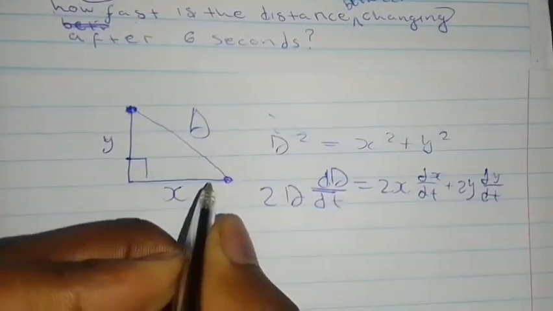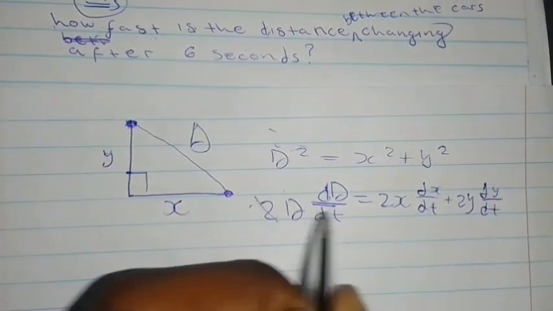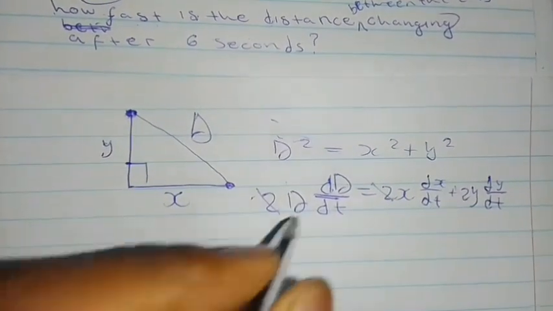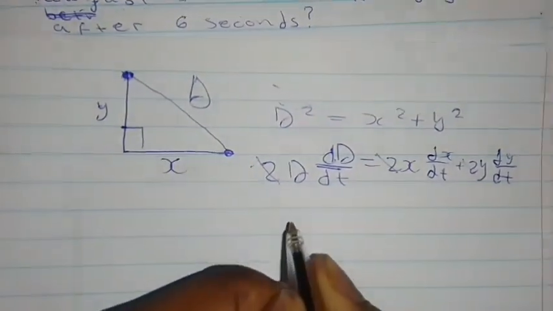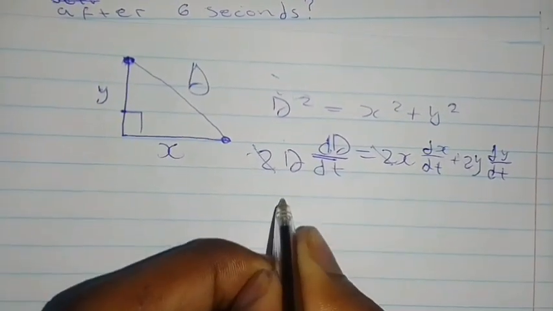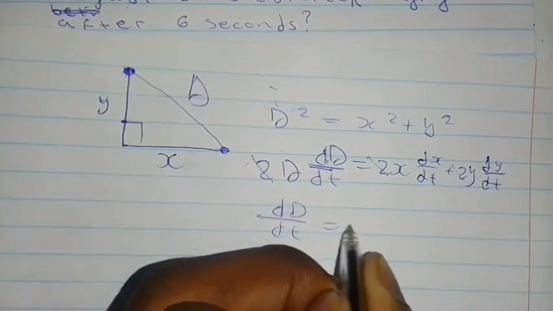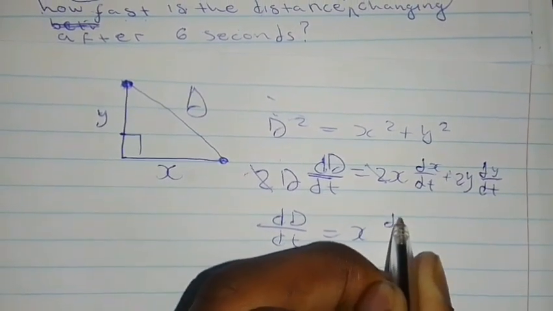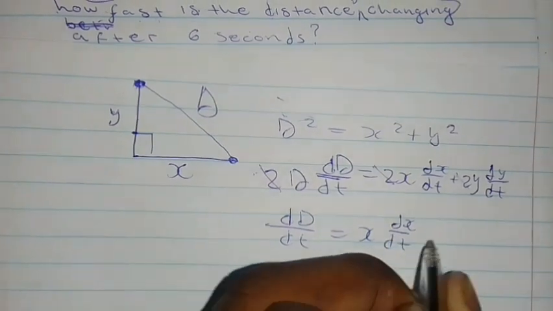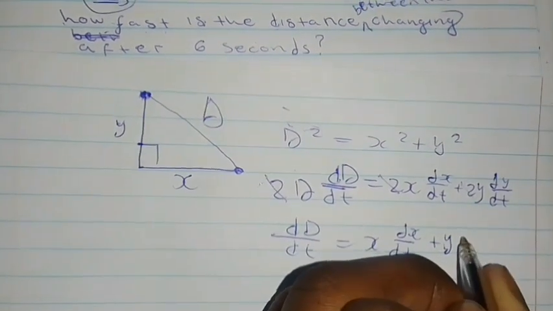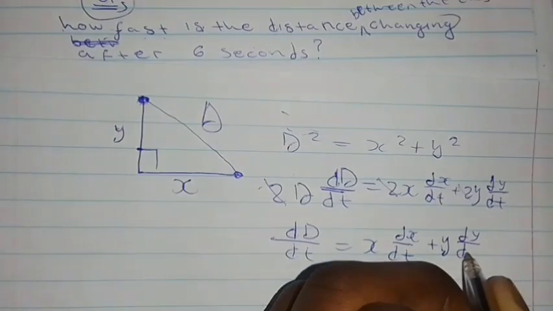Notice that the 2's will just cancel, and you'll be left with d dd over dt equals x dx over dt plus y dy over dt.